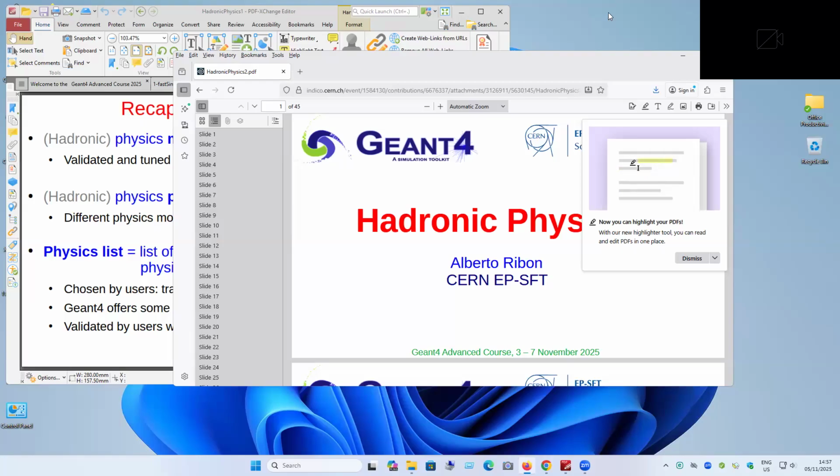But you have to be careful. You need to look inside the code carefully, and it's easy to make mistakes. So before doing that, I would try, as I said, other possibilities, like trying different physics lists. But there are people who know what they are doing, and they are putting the hands in and changing and using Geant4 in their own way.